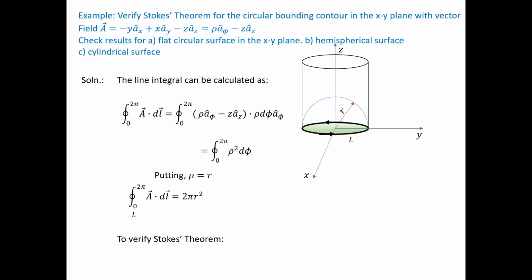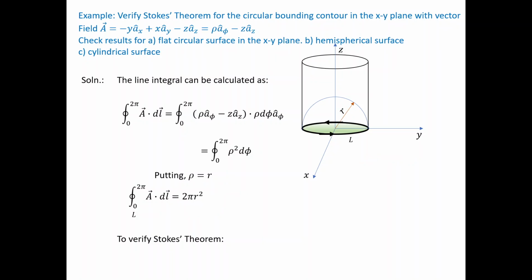Taking the dot product, a phi dot a phi gives one, and a phi dot az will be 0. Finally, you can do simple integration, and of course the radial length is r units. Putting rho equal to r, we can finally find the line integral as 2 pi r square.